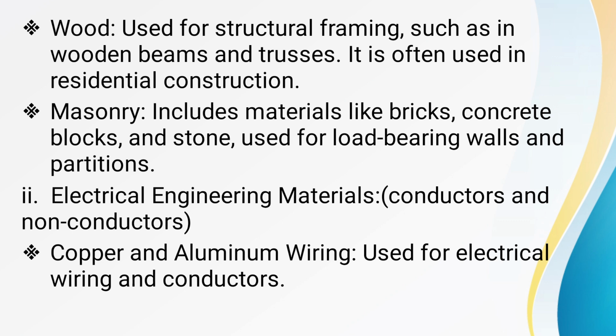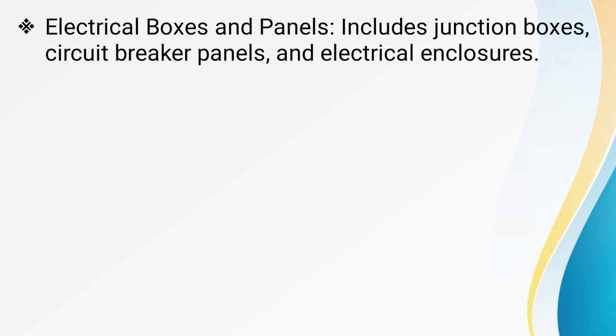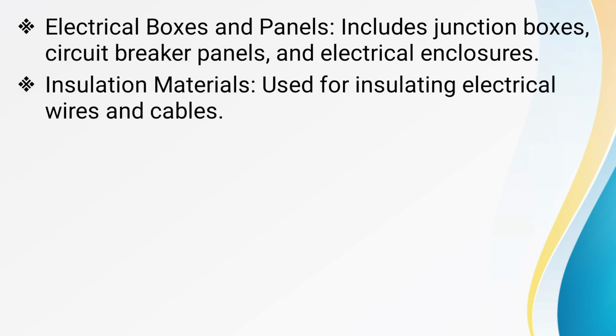Here we have copper and aluminium wiring, which is used for electrical wiring and as a conductor of electricity. We also have electrical boxes and panels. These include the junction boxes, circuit breaker panels, and electrical enclosures. Then this is a non-conductor of electricity. We go to the insulation material, which is also a non-conductor of electricity.